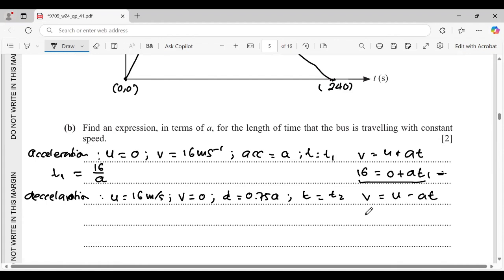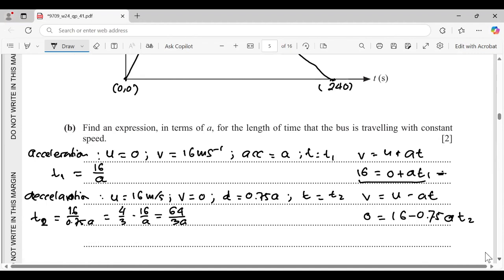So it becomes 0 equals 16 minus 0.75a times T2. So you can state that T2 equals 16 over 0.75a, or 4/3 times 16 over a, which is 64 over 3a. So this is T1, this is T2.